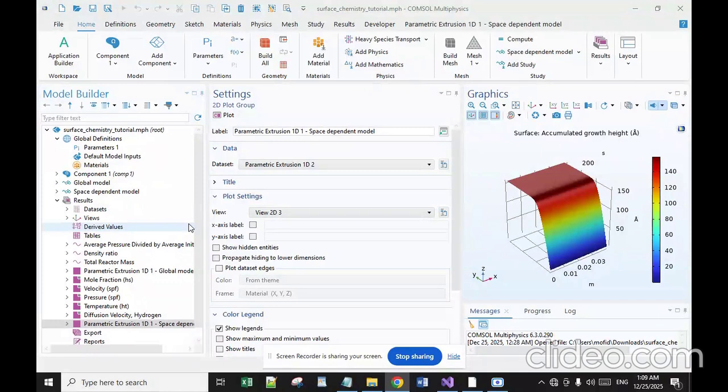In some cases, a volume average model might even be good enough to extract desired information from the model. If, however, space-dependent information is necessary, a space-dependent model can be implemented in a subsequent study. The geometry and operating principle for the model is shown in this simulation.